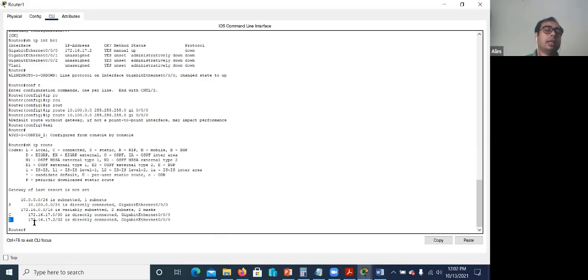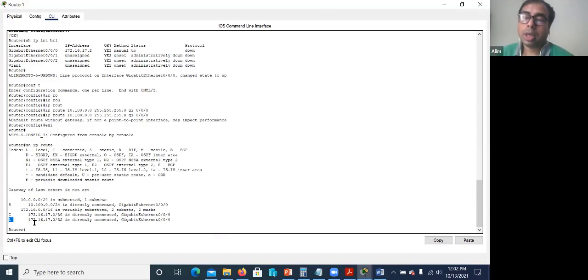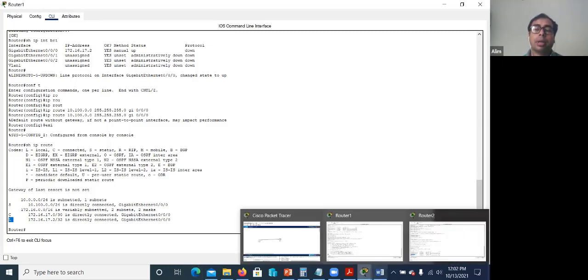So are you clear about three terms: static, connected, and local? So can you repeat the connected? Which IP address? No, it is network. It is not IP address. It is a network. Okay. So we use it in point-to-point network. Look in the diagram.